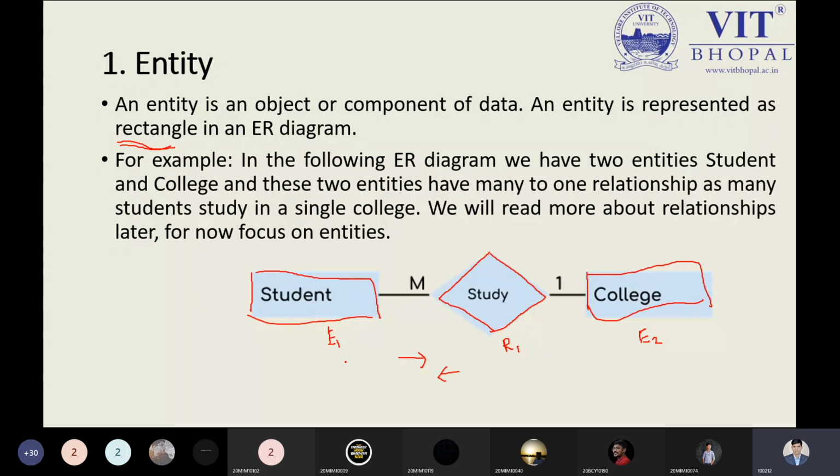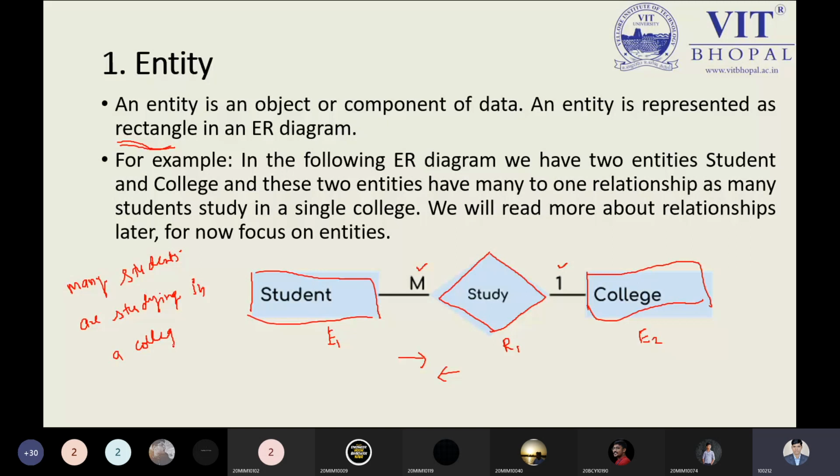Students are studying inside the college. How many students? Many students. So I have written many (M) here, and here I am choosing one. The statement can be understood like this: many students are studying in a college.